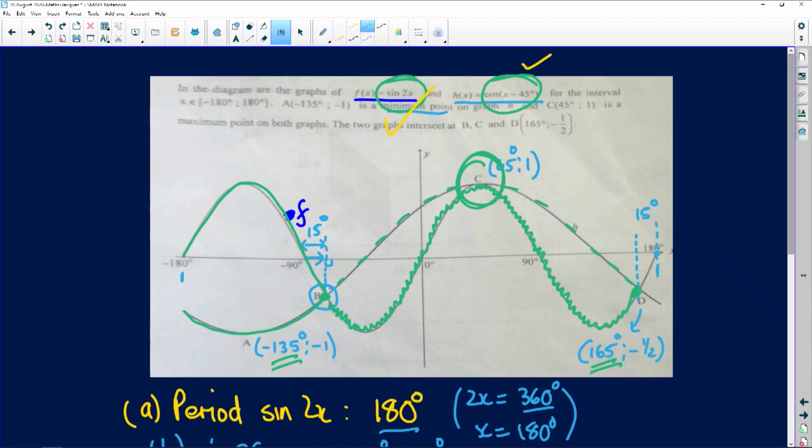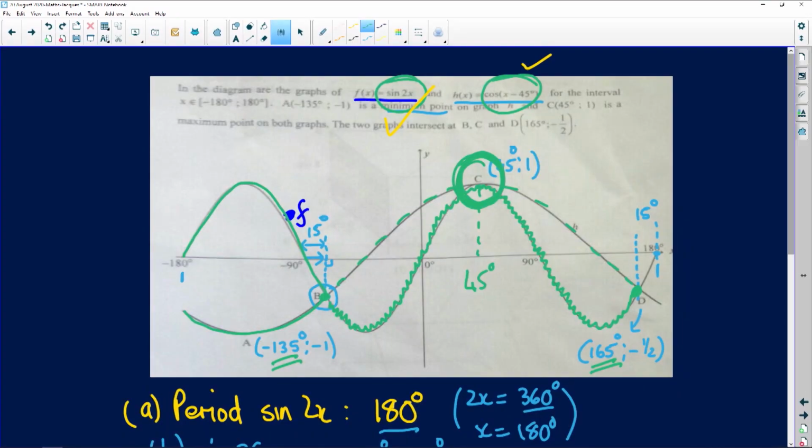If it was strictly less than, then we have to break it up here at point C, folks. Then we would say, oh, beautiful, this is 45 degrees. So we are looking at between negative 135 up to 45, and then continuing after that from 45 to 165, excluding the point at 45. Okay, so it will be strictly bigger than and less than.